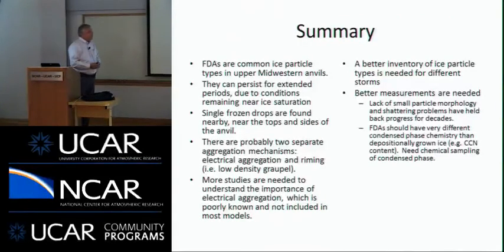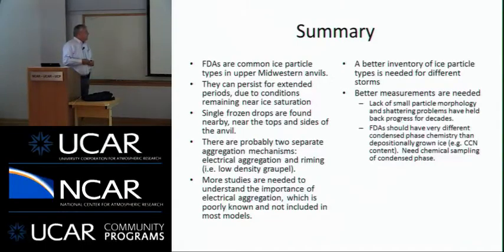Let me summarize with a couple of thoughts. I think these frozen drop aggregates are common particle types in the upper Midwestern anvils. They persist for fairly long periods of time. They're found near single frozen droplets near the top and the sides of the anvil.